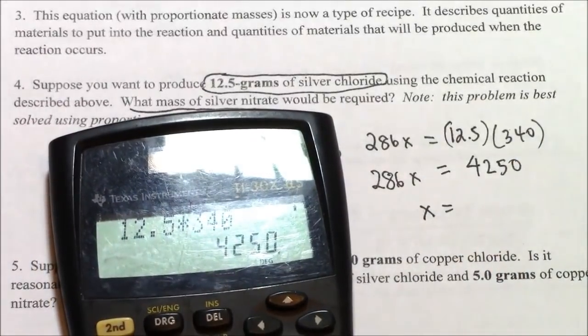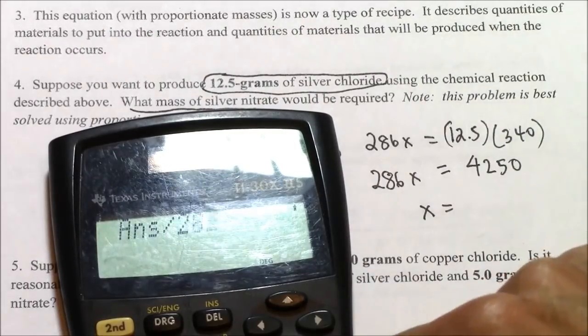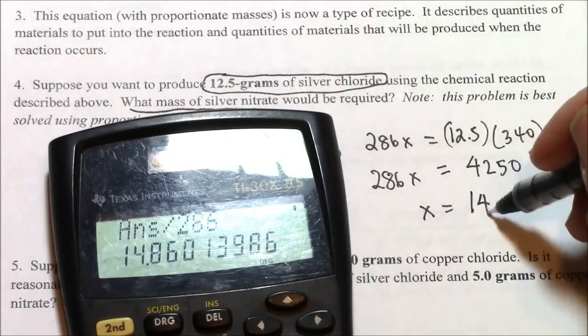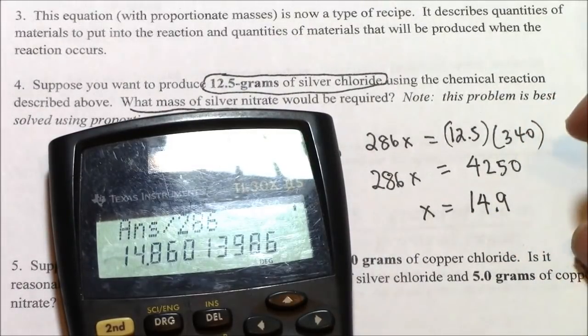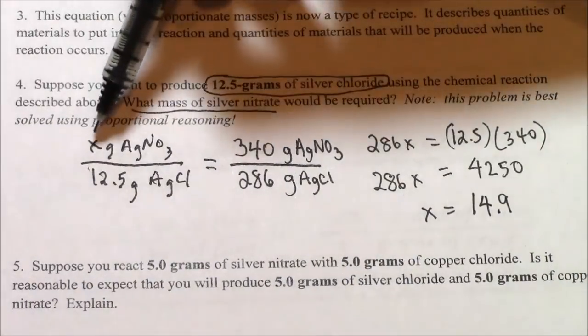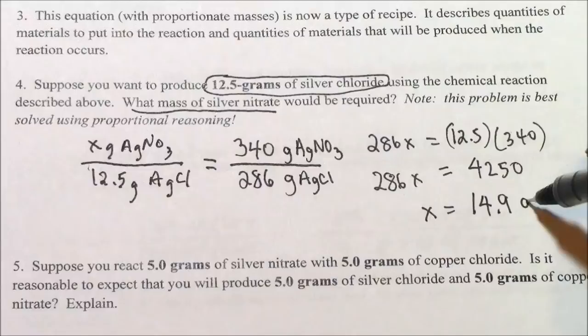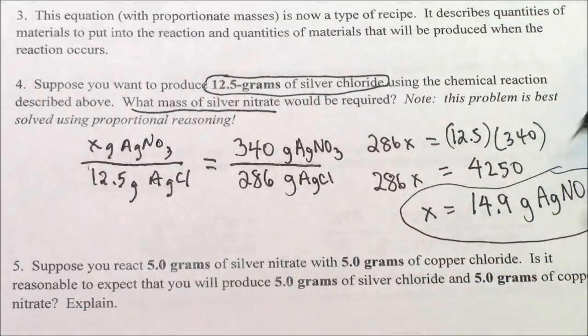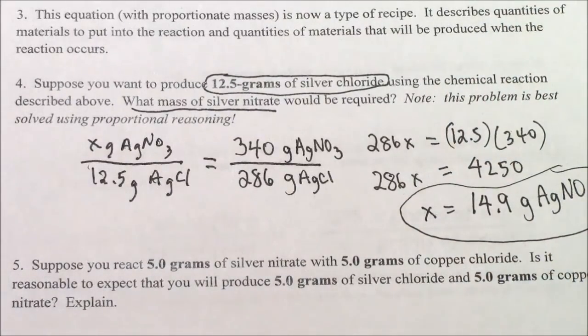I will divide both sides by 286 to get x equals, and I have x equals 14.9. What's the label? Label is grams of silver nitrate. That I'll put a box around. That's the answer to the question.